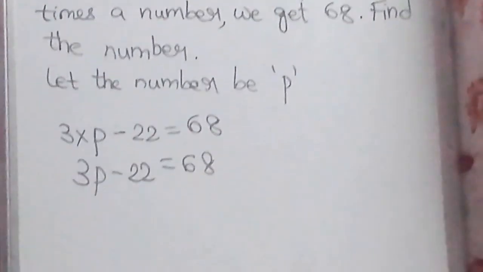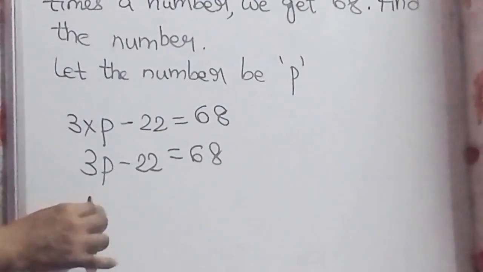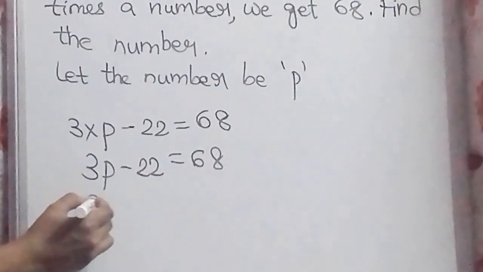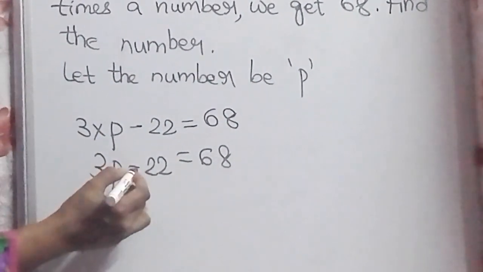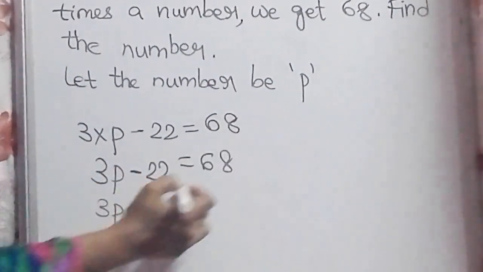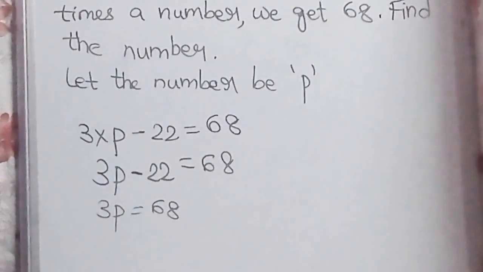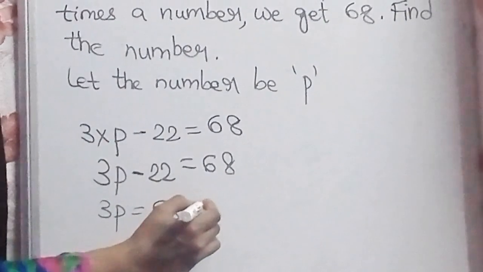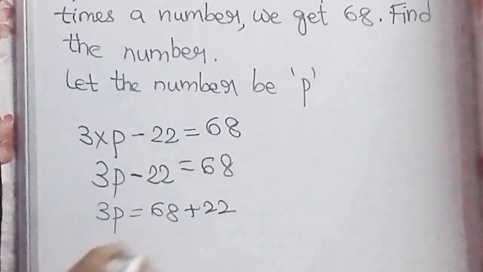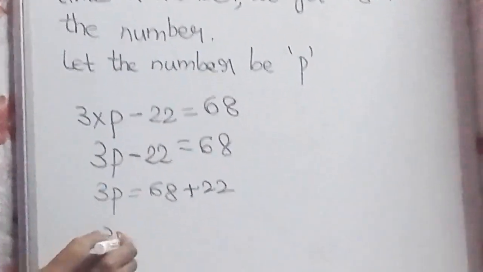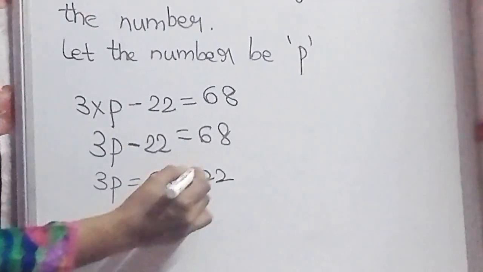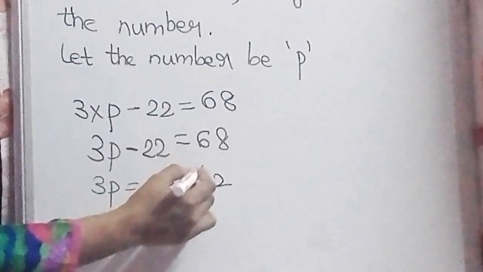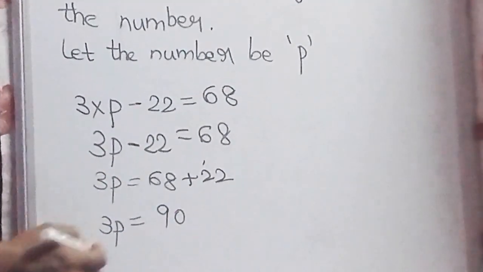Now use the transpose method. We are using the transpose method. The 3P variable is here, so we have kept it on this side only. Minus, when it goes to the other side, what happens to it? It becomes plus. So it is plus 22. So 3P is equal to 68 plus 22, that is 90.